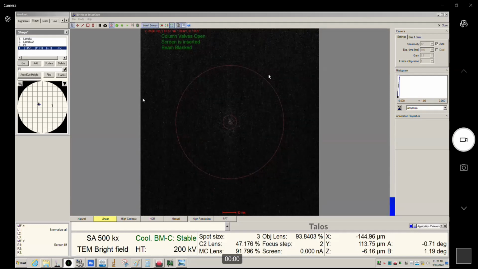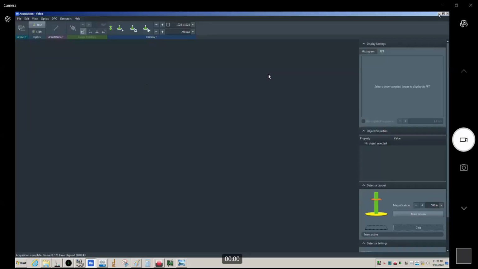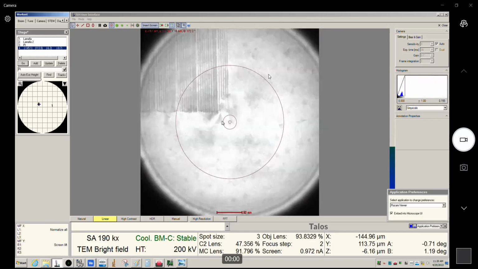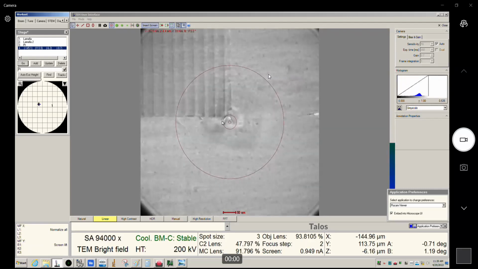Why is my screen blanked? Or beam blanked? Okay.